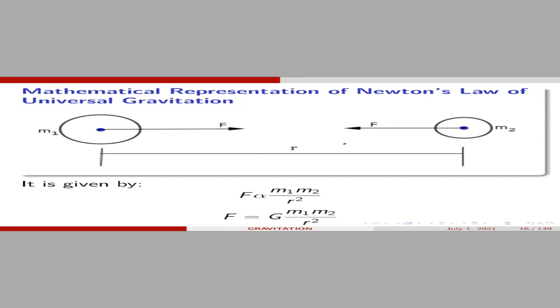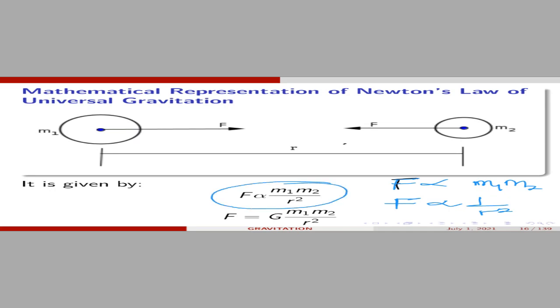So how do we represent it mathematically? What we are saying is that F, let me use a different color, I'm using blue. F is directly proportional to the masses in the product, and the same F is inversely proportional to R squared. So when I put the two together, I'll get this.